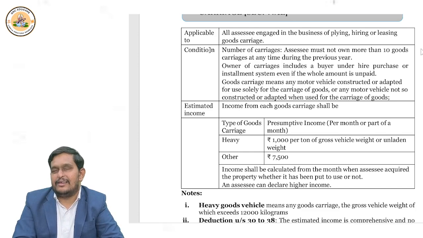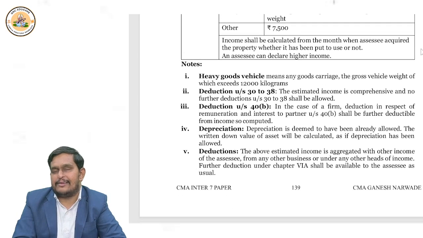What is a heavy vehicle? If the vehicle has a load capacity of 12,000 kilograms, then it is a heavy vehicle. Come on, remember. So a 12,000 kg capacity vehicle is basically a heavy vehicle. So now we have the definition of a heavy vehicle.